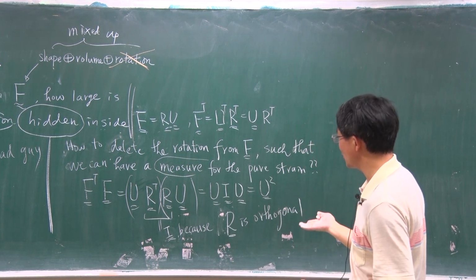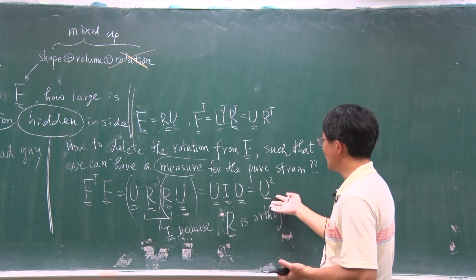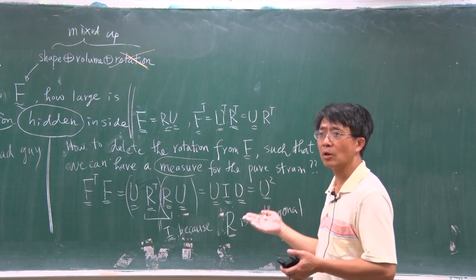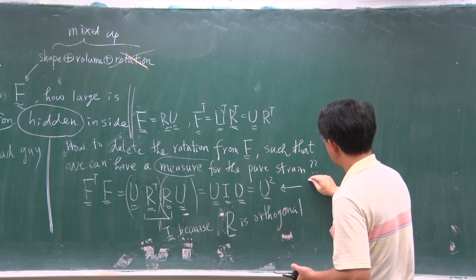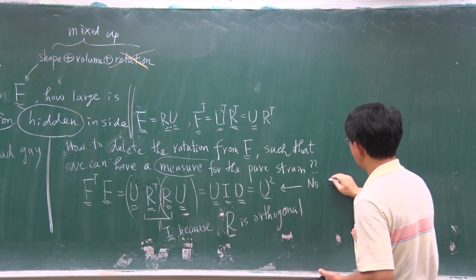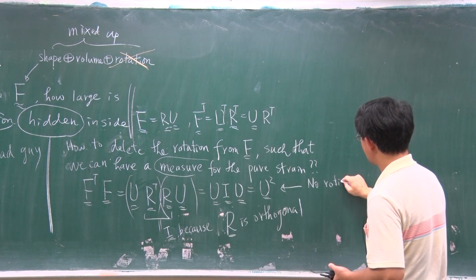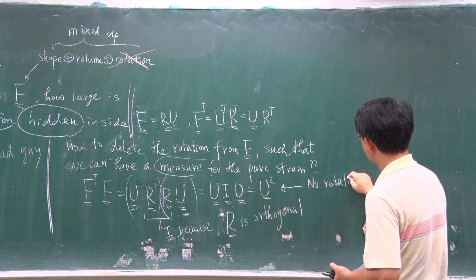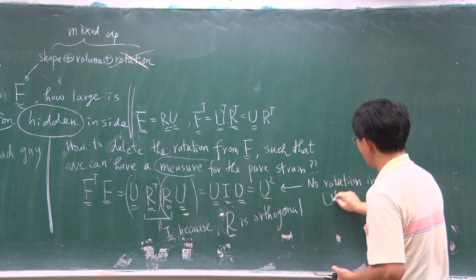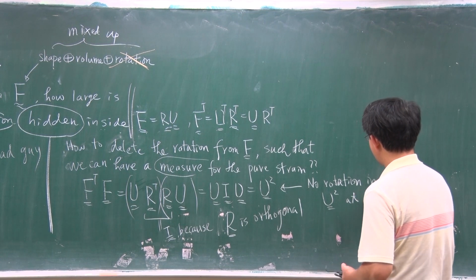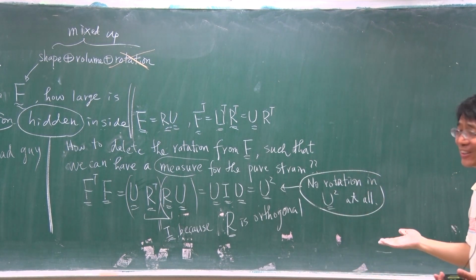Okay, so this tells us that U squared is the matrix which has no rotation at all. No rotation in U squared at all.